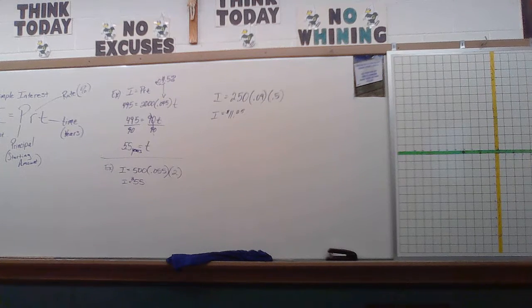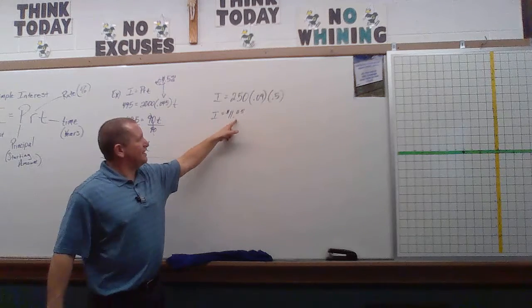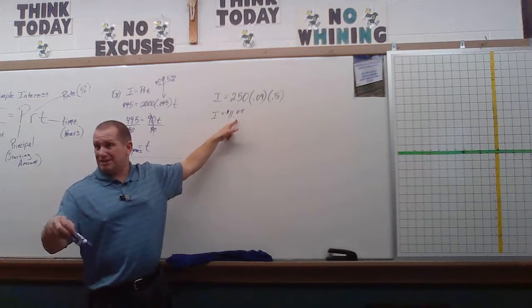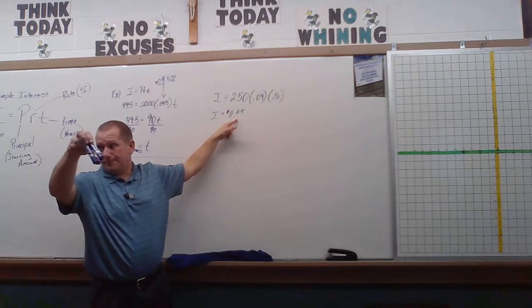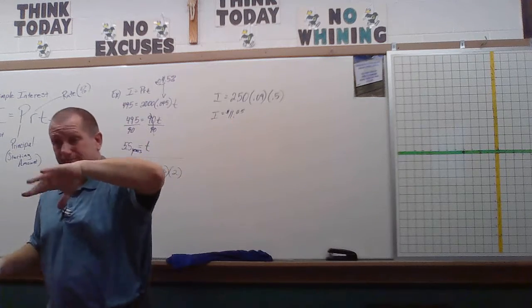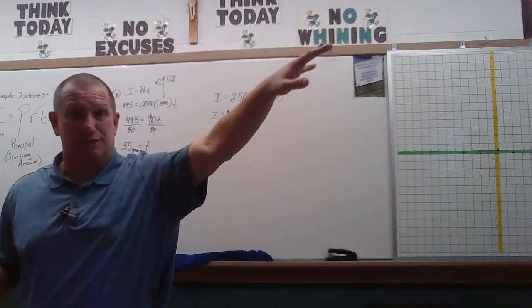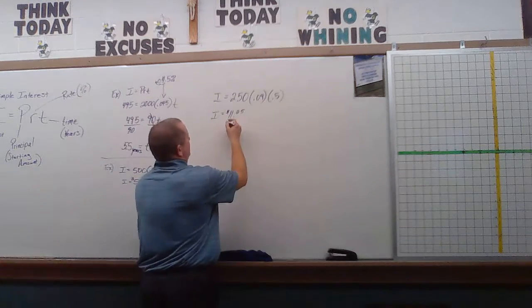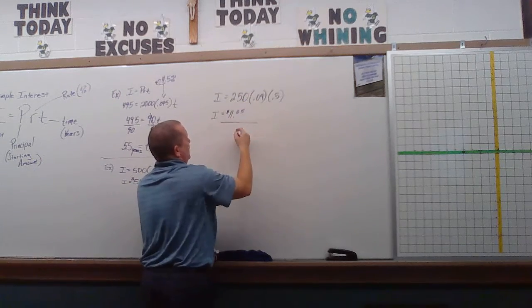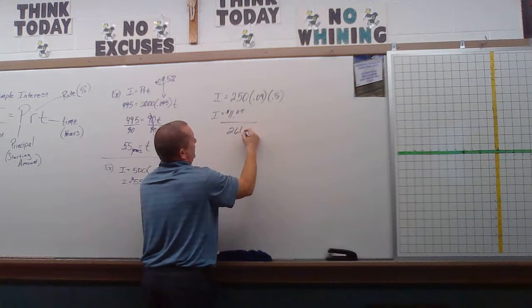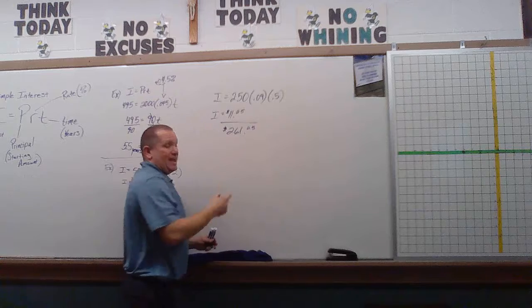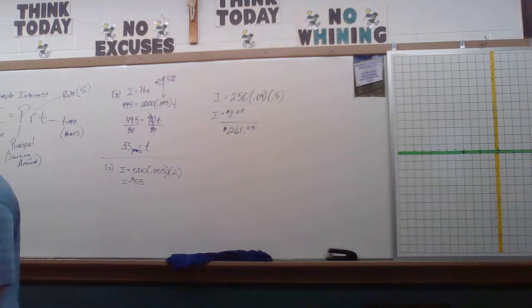Don't forget the amount that I borrowed, too. So I owe this because this is my kind of payment to the bank for borrowing that money. But if I borrow that money, I also have to pay back that original amount. So I would add these 2 numbers together, and as Caleb said, we would have $261.25. This is what I would have to pay back to the bank to get rid of my loan altogether.